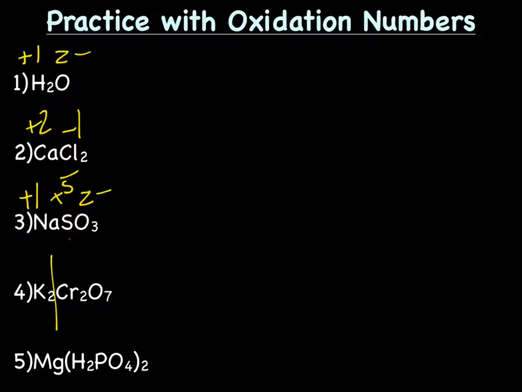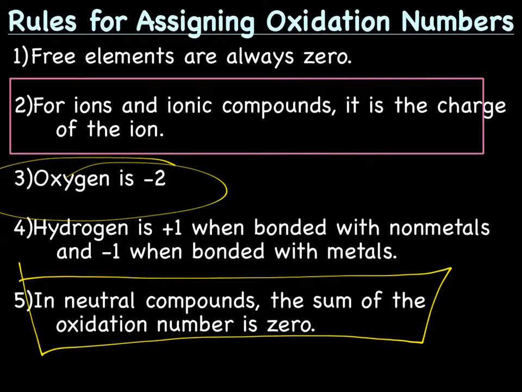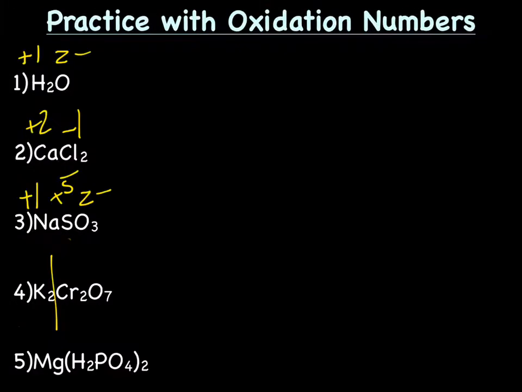We can use the rule that for ions and ionic compounds, it is the charge of the ion for the potassium. So for potassium, we know that it has a 1 plus charge, so the oxidation number is plus 1. We also know that all oxygens are 2 minus. There's no rule for chromium, so we're going to have to figure out chromium.